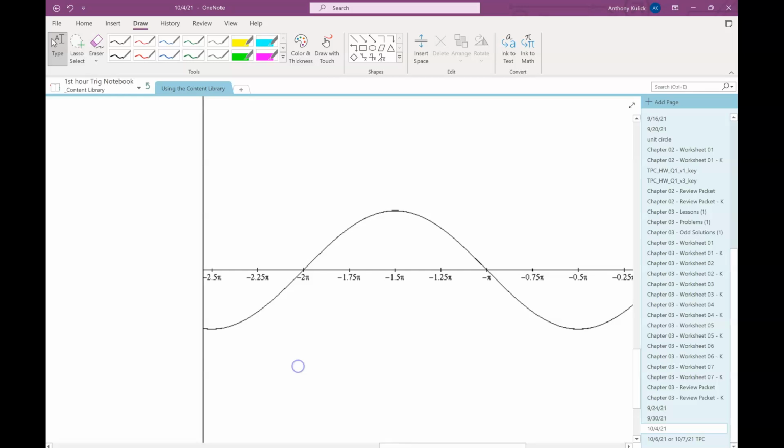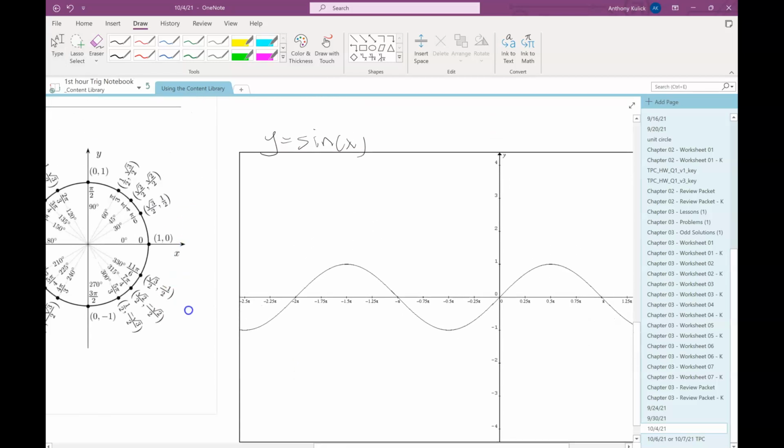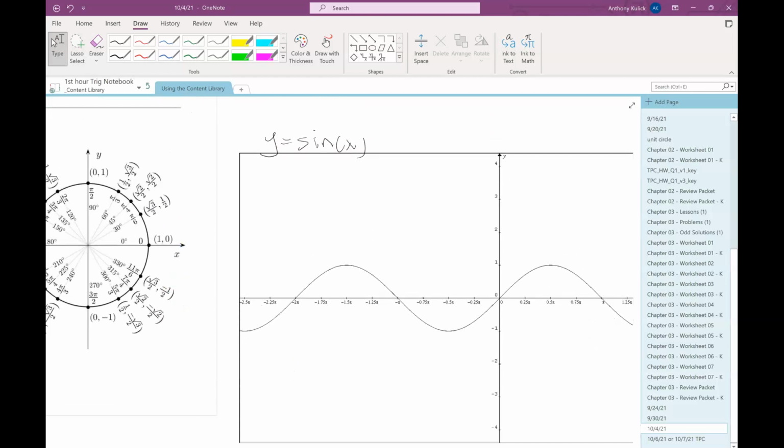Okay, so let's say we wanted to generate this graph that I'm just showing you. My input is going to be 0 radians, and the output there for sine would be 0. So I would plot the point (0, 0). Then say pi over 2 is my input, and 1 would be my output.